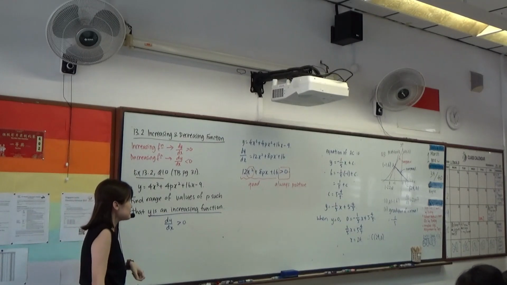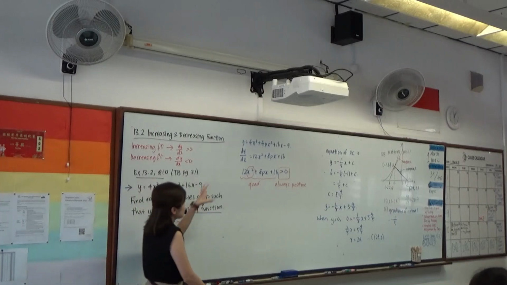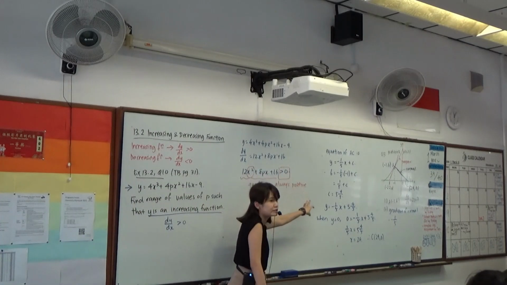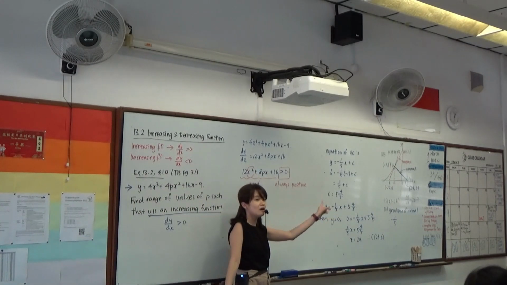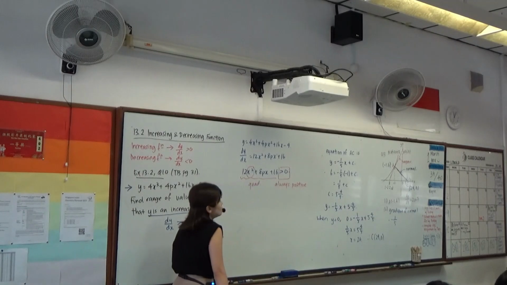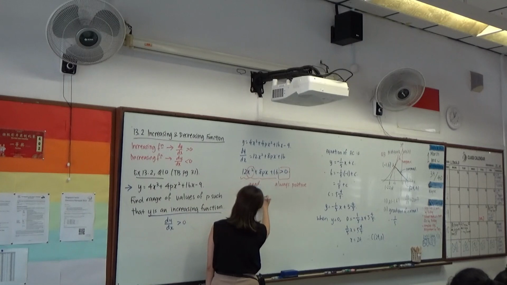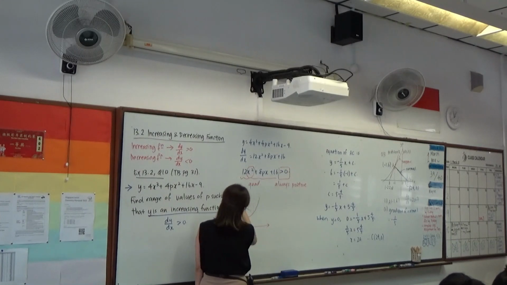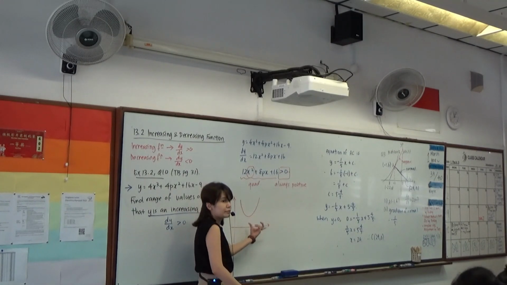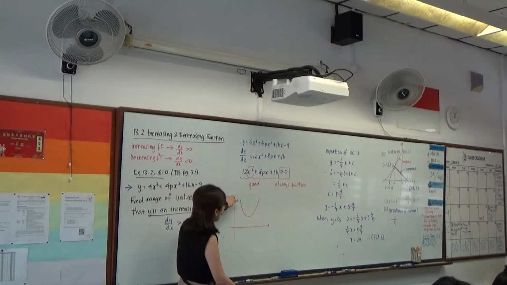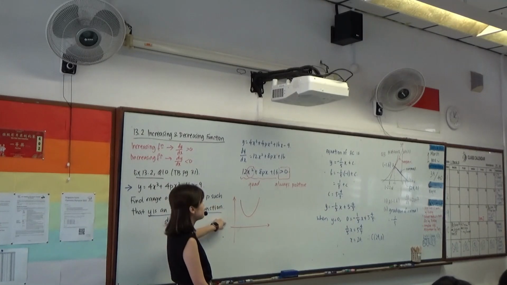So the quadratic expression here is always positive, going back all the way to our beginning. Always positive means the quadratic curve is always above the x-axis, because your y values are always positive.